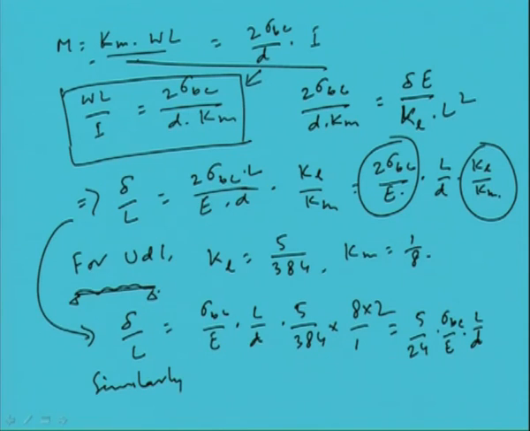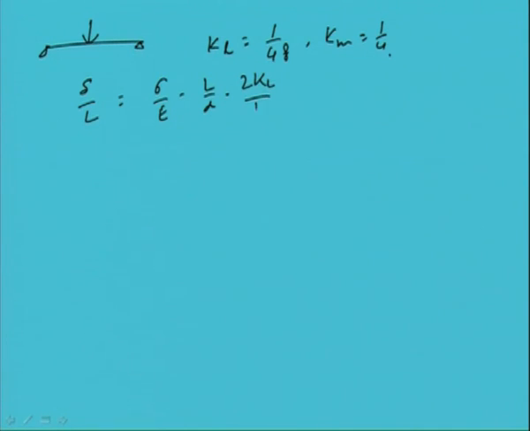Similarly, for point load I can find out. For a point load at mid span of a simply supported beam, we know KL is 1 by 48 and Km is 1 by 4. So, in this case delta by L will become sigma by E into L by D into 2 KL by Km.